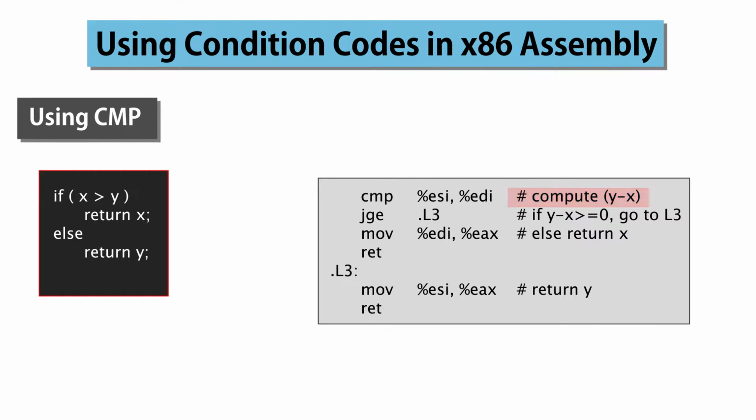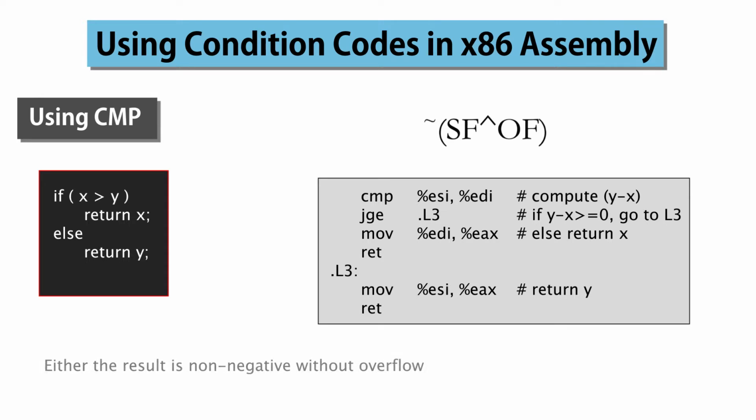It only sets the flags. Using the JGE, or jump if greater or equal instruction, we branch to appropriate code to return either x or y. By the way, the condition for JGE is shown here. Either the result is non-negative without overflow or negative with overflow. In this case, it's okay for the result to be 0.